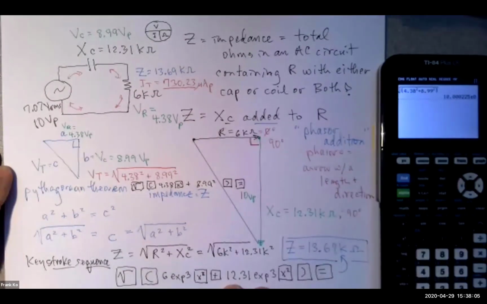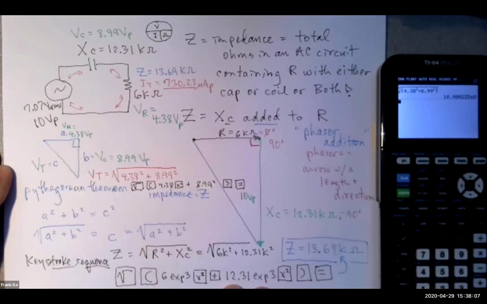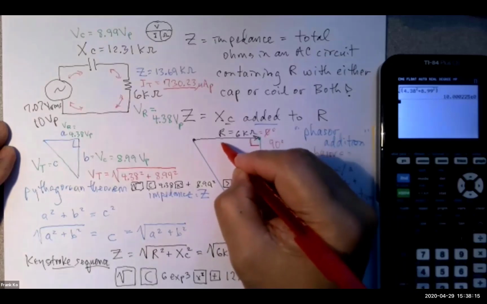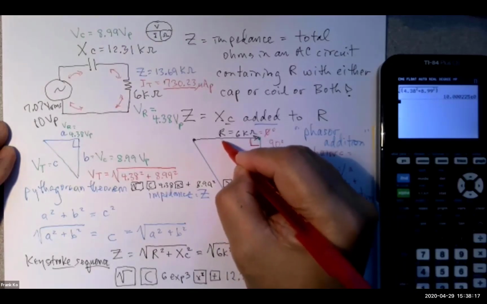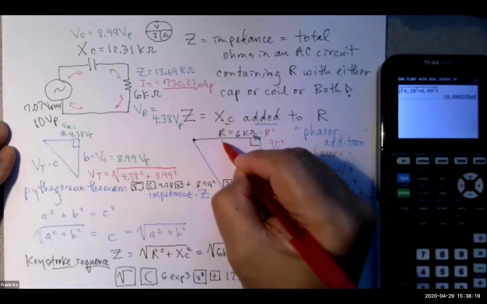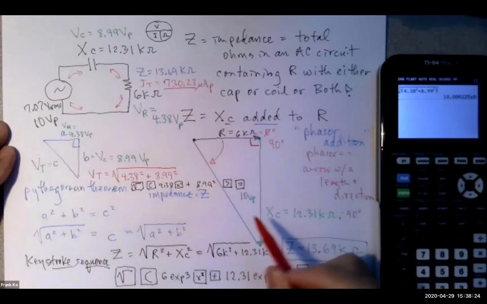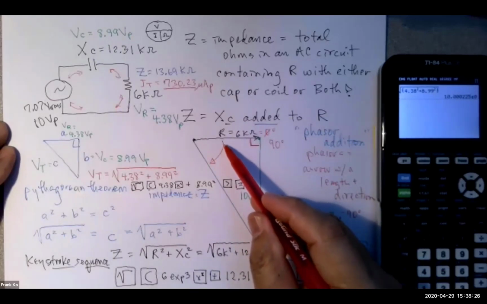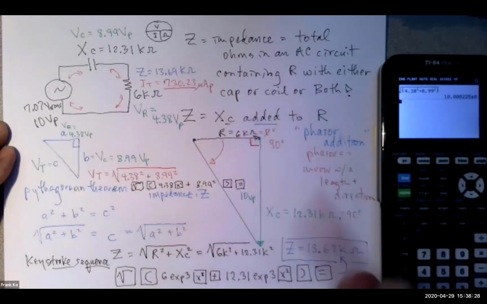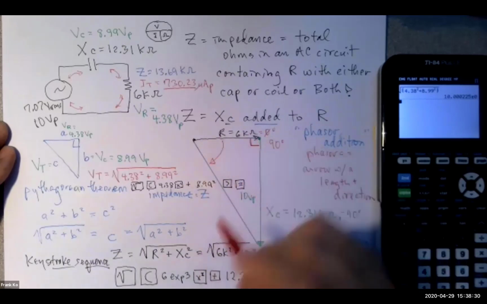Isn't that cool? There's one more calculation, and that is something called phase angle. The phase angle has to do with, watch this very carefully, from my horizontal phasor to where the hypotenuse ends up. There is an angle that comes from here going downwards because this triangle is drawn this way. What is that phase angle?